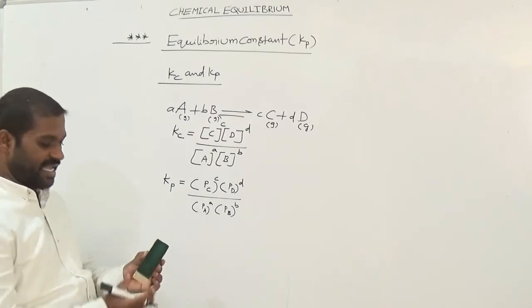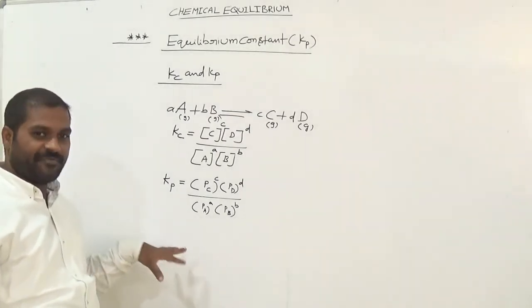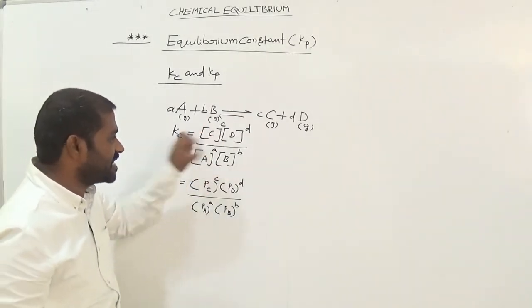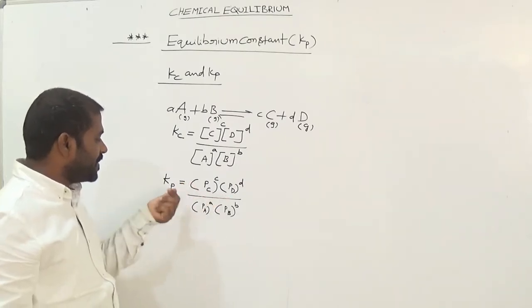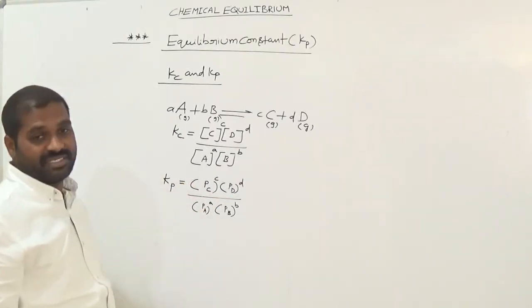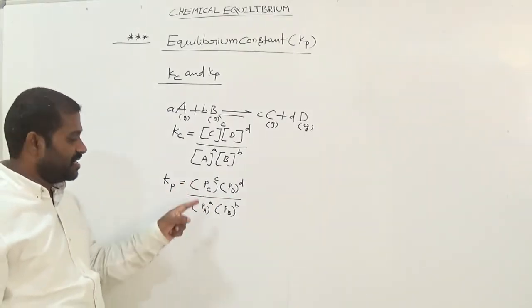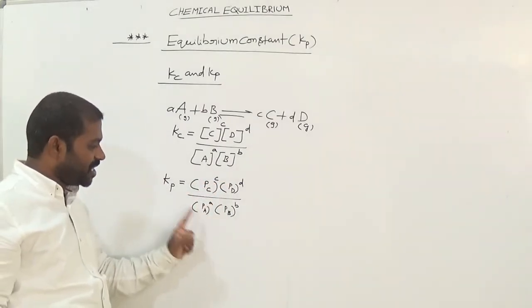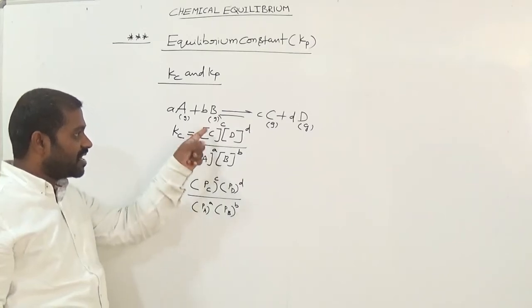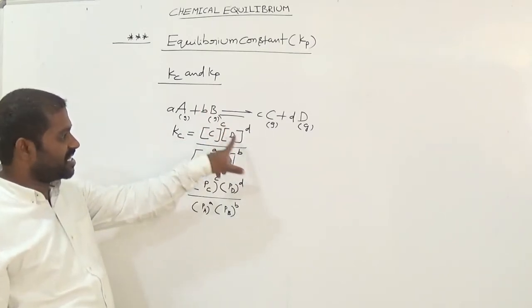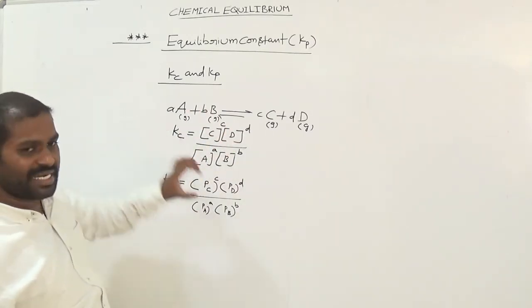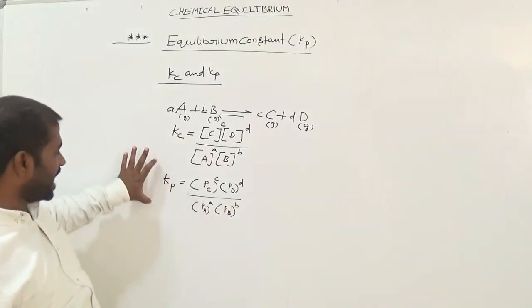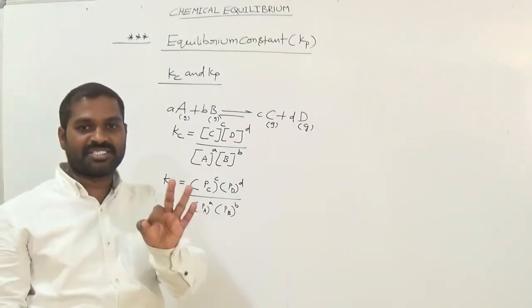It is the same expression for Kc and Kp, but where is the difference? Kc is in terms of molar concentration, while Kp is in terms of partial pressure of C, D, A and B.